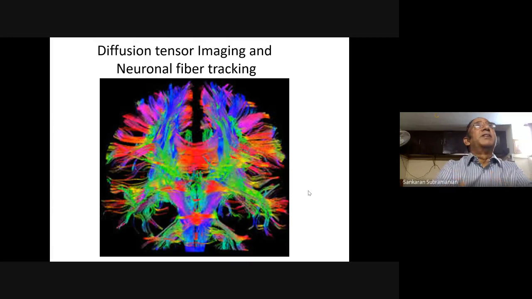We can actually measure the diffusion tensor of water, and after the diffusion tensor has been derived from a series of experiments, we can look at the unique axis of this diffusion tensor and connect them. When you do that, what you get is so-called neuronal fiber tracking, and that will give the neurosurgeon and the neurologist an idea about the kind of connectivity during the various synaptic transmission of information.